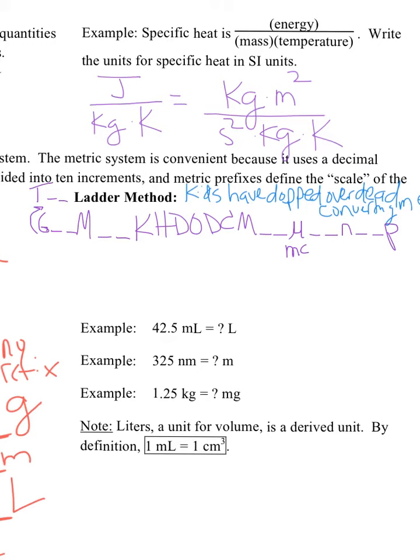There are 2 ways to use the ladder method to do metric conversion. This is kind of a shortcut. The reason we do this is because I'm not going to give you a little table that says there are 1,000 milliliters in 1 liter. It's something you need to memorize, which is why we have this technique to memorize it. The trick here is that every unit you go over is 10 more.